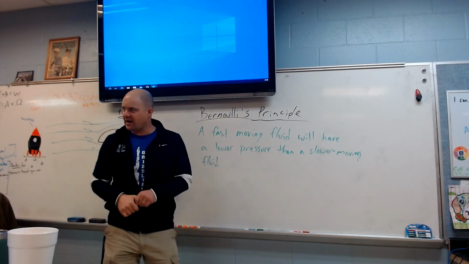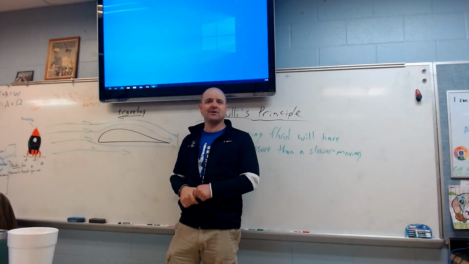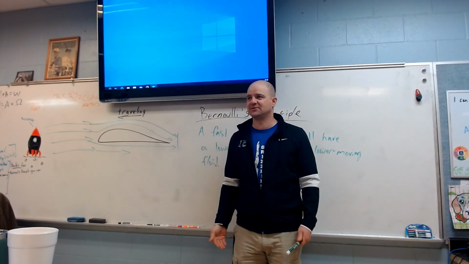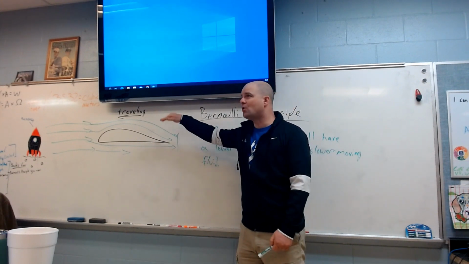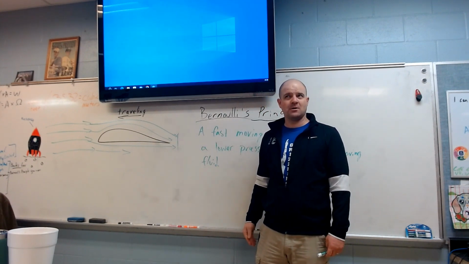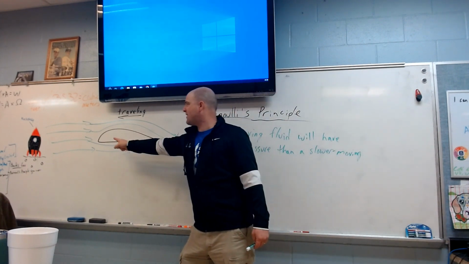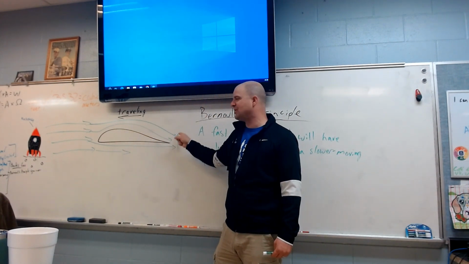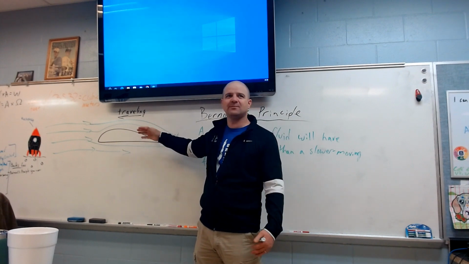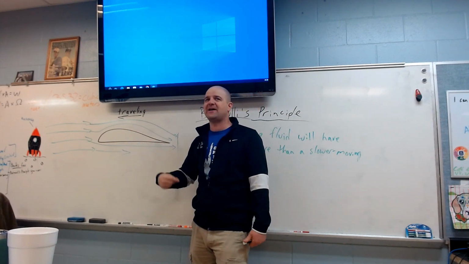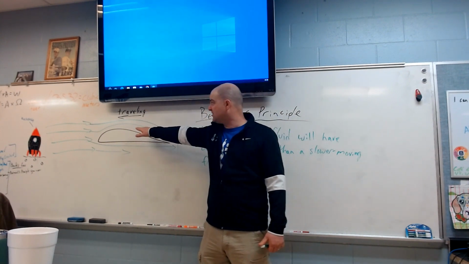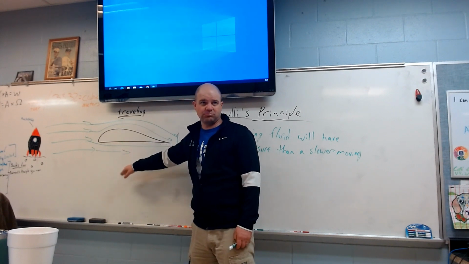But wait, which air has to travel a greater distance? The one that has to go over the wing. So if it travels a greater distance but gets to the rear at the same time, which flowing air is traveling at a faster speed? So this is going faster than this air.